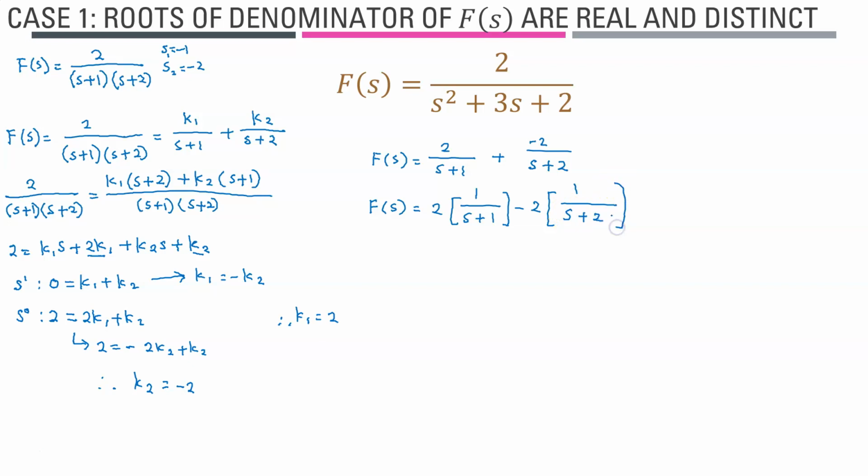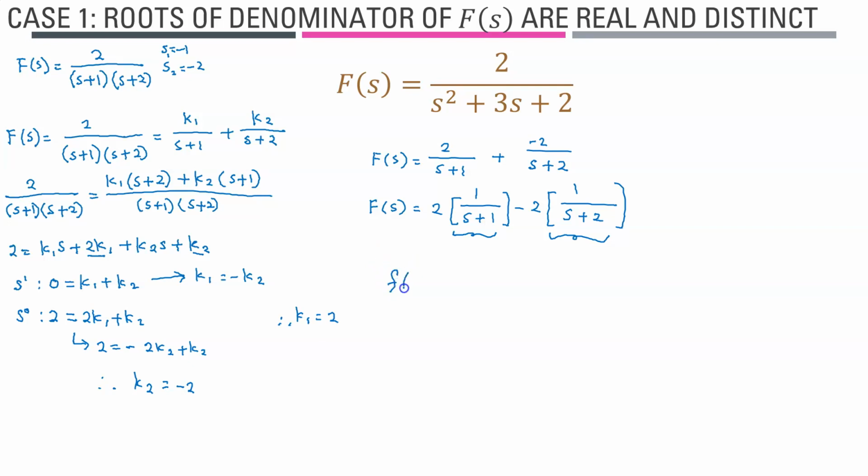Once you arrive here, you can perform the inverse Laplace transform of the part in the bracket using the Laplace transform table. You can check in one of the slides that I used to discuss the introduction to Laplace transform.